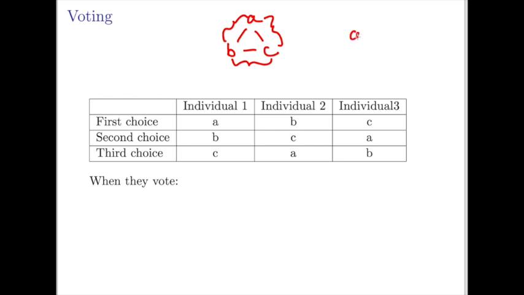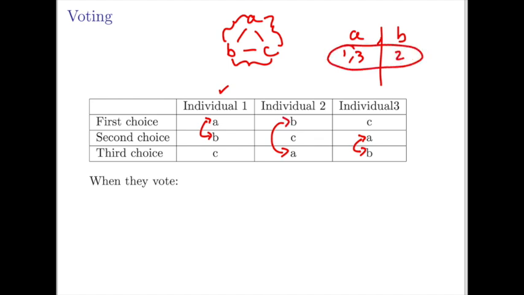Well, individual 1 likes A better than B. Individual 3 likes A better than B. So 1 and 3 like A better than B. Individual 2 likes B better than A, sorry. So now we see that there are more people who like A than B. So A beats B when we go by the majority preference.